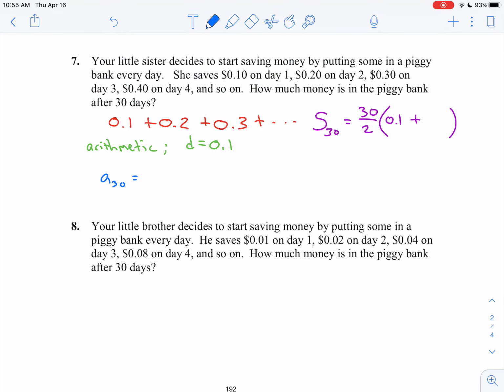So that's why I like this problem, is we're using both formulas that deal with arithmetic sequences and series. One for the terms and one for the sums. So let's use this formula, first term plus n minus 1 times d. So grab your calculator, and it turns out on the 30th day, your little sister saved $3.